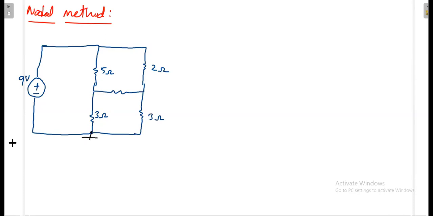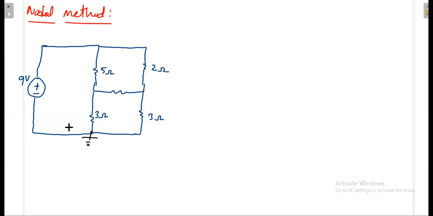You can take any other node also, and the answer is not going to change, but it will create a little confusion in the beginning. So it is better to always take the negative terminal of the battery as the reference node.